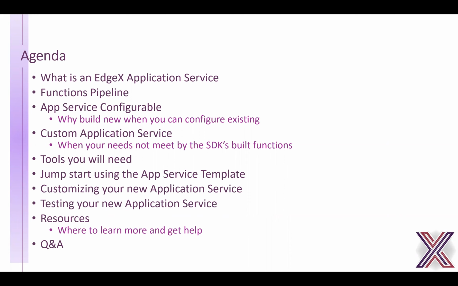And then we'll talk about how, once you've got your initial service created, how you customize it for what you need. And then we'll go into some techniques on how to test your application service. And then we'll follow up with some resources, and then if we have time for some Q&A.